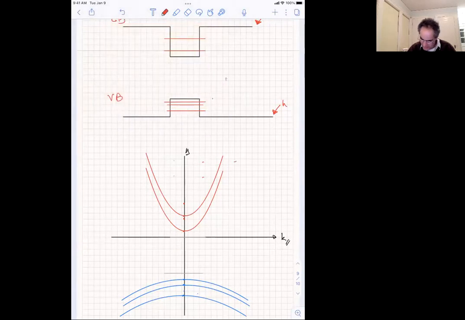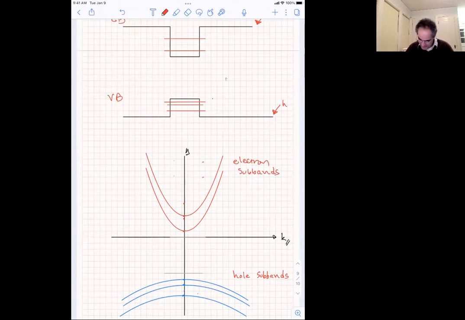So when we're done, we have electron subbands. And then we have hole subbands. These have different curvature because the electrons and the holes have different effective masses. Okay?